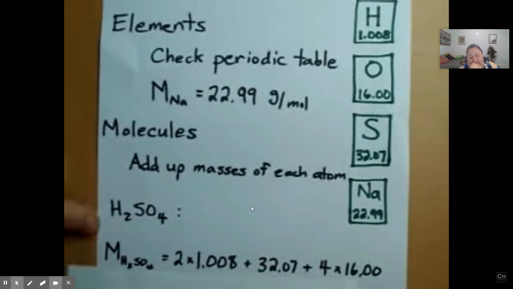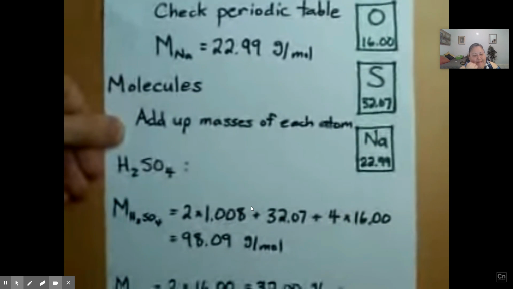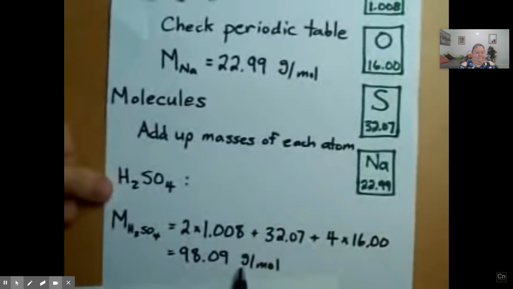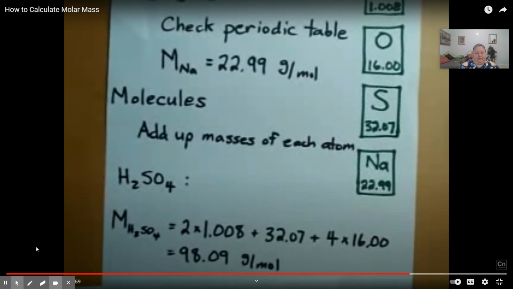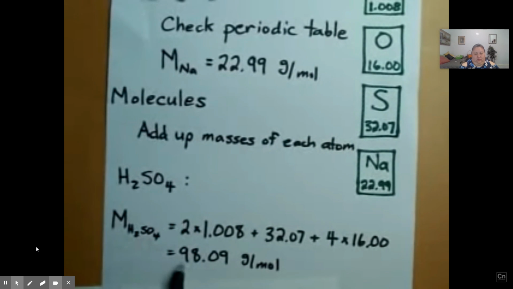When you do this math, you get 98.09, and the molar mass is always measured in grams per mole. The molar mass of H2SO4, 98.09 grams per mole.